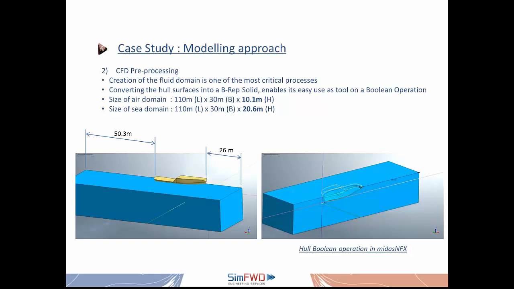So you can see that the size of the air domain is around 110 meters times 30 times 10 meters high, and the sea domain has almost the same length and breadth, but we have a bigger depth to it in order to resolve problems related to the hydrodynamic part.